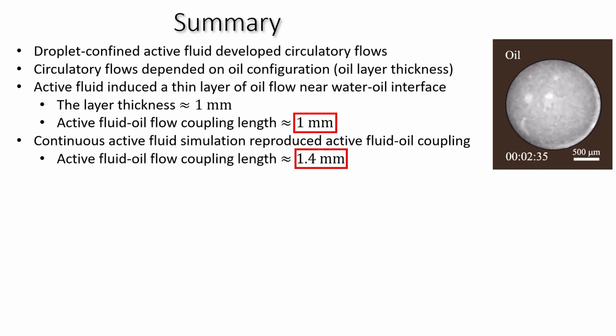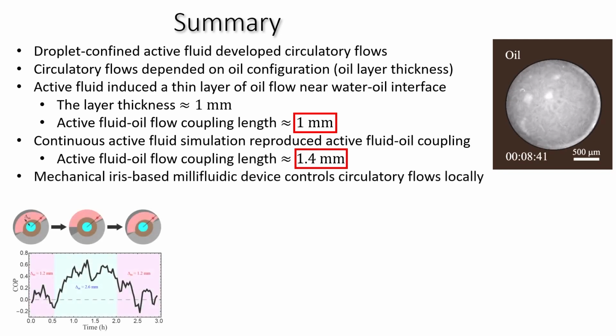We then demonstrated two examples of applying this new finding to milli-fluidic technology. One example used mechanical iris-based design to control the circulatory flows in a droplet without touching the droplet.